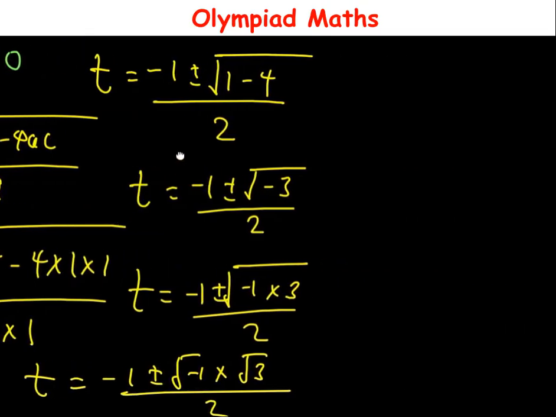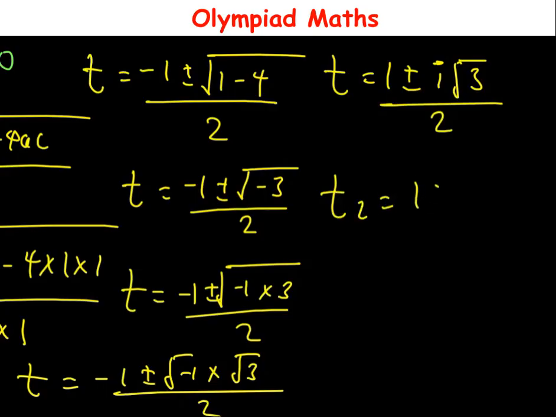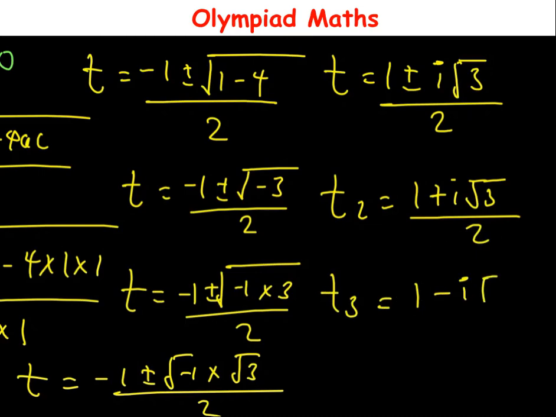So solving this further, the value of t is equal to minus 1 plus or minus, root minus 1 is i, then times root 3, then all over 2, such that the value of t2 is equal to minus 1 plus i root 3 all over 2, and the value of t3 is equal to minus 1 minus i times root 3 all over 2. And with this, we've gotten the value of t2 and also the value of t3.